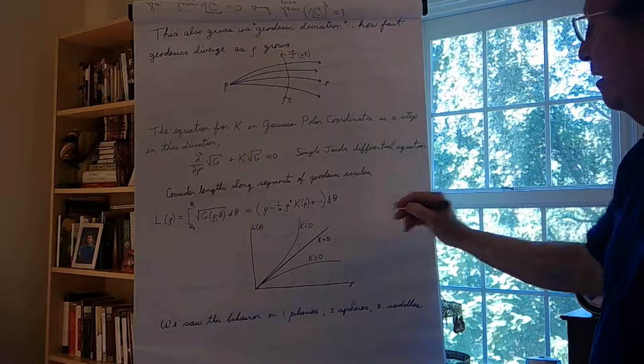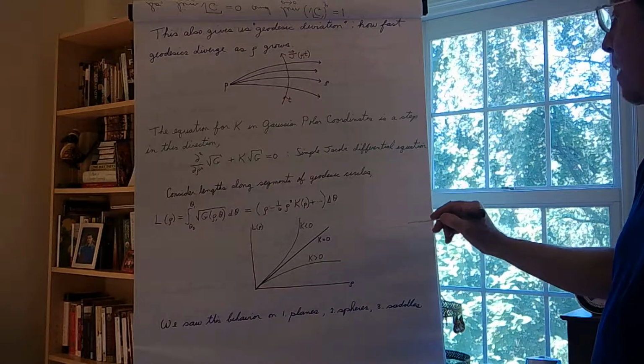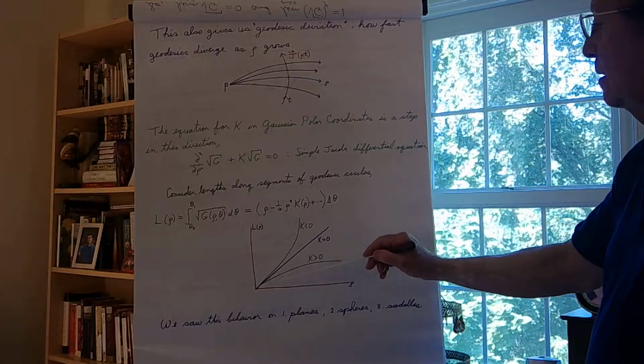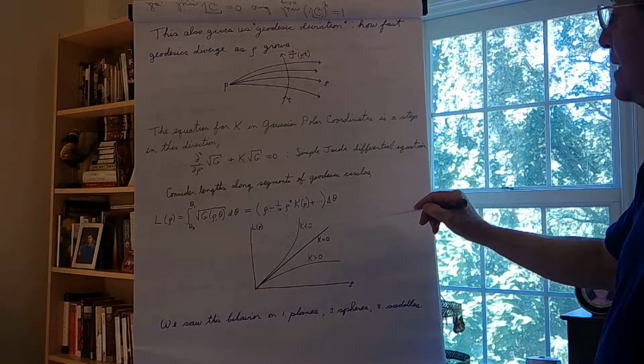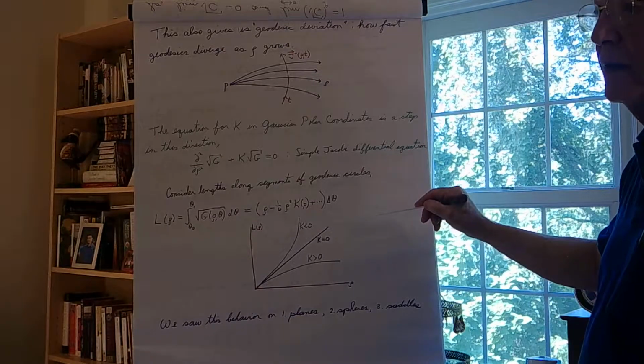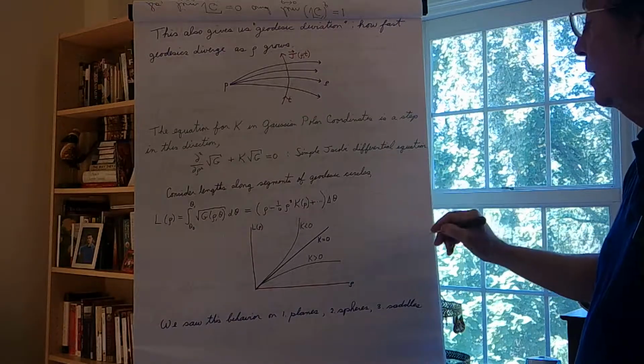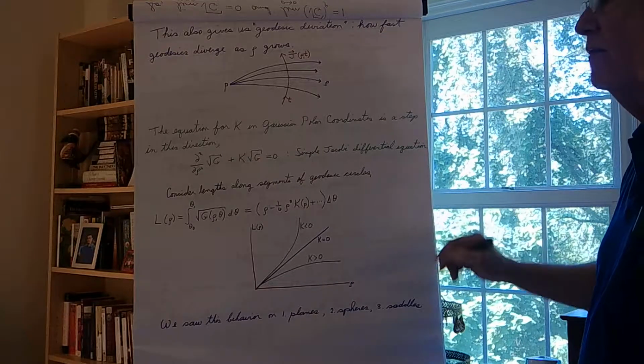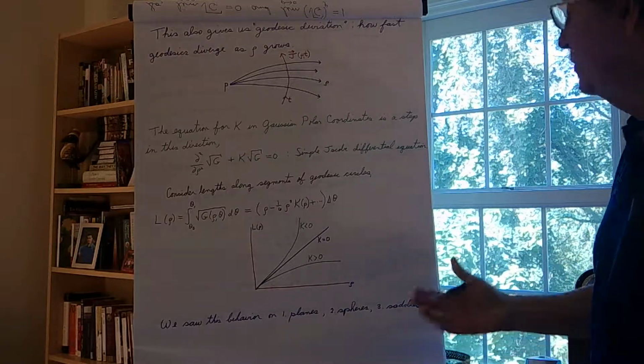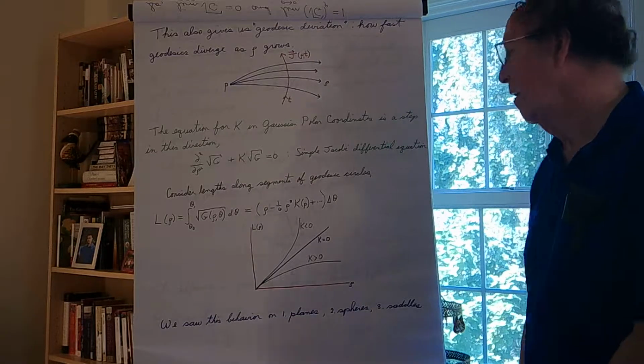And I see that L of rho grows faster than the Euclidean case when k is negative, if I'm on a saddle, and it grows slower if k is positive, if I'm on a sphere. Okay. And we saw that in the case of the sphere already.